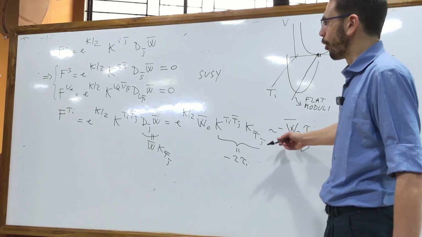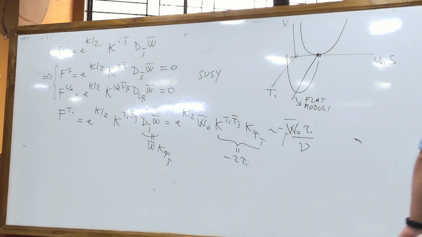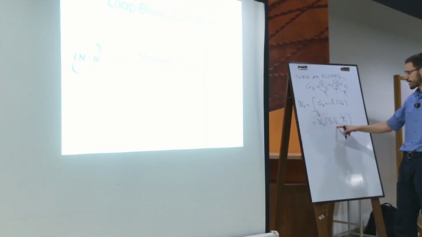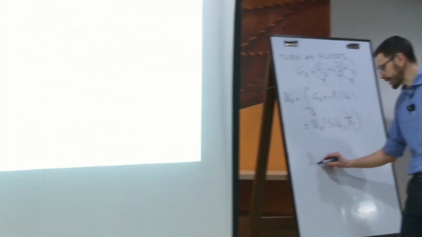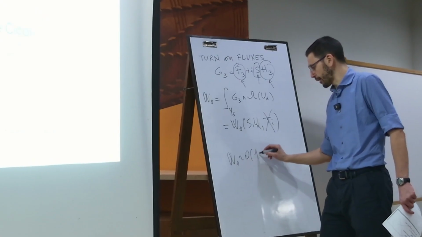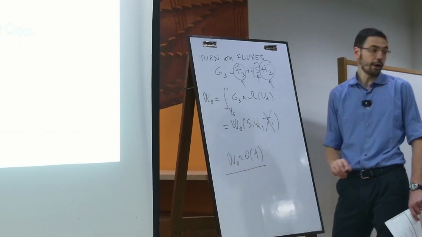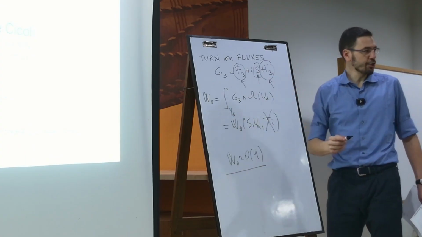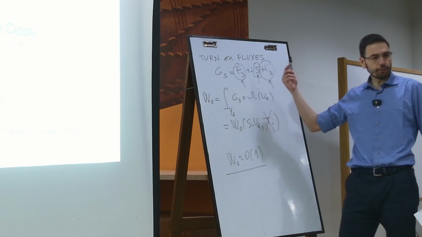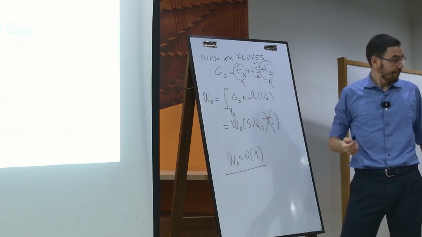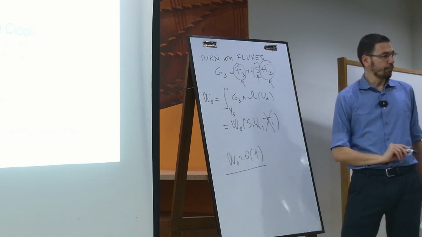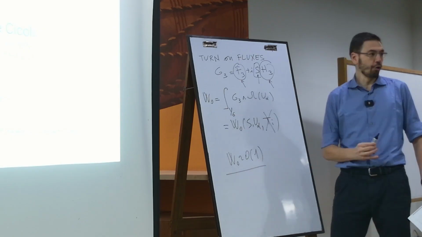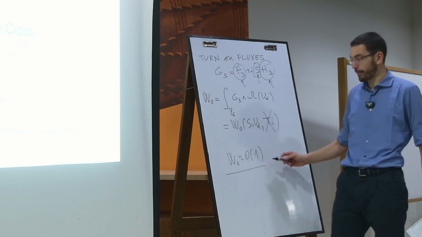But in general, W_0 depends on the choice of fluxes, but after you stabilize S and U, W_0 is expected to be, and people check that in general, statistically, something of order 1. This is the flux landscape that also Professor Sen was mentioning yesterday. There are different possibilities for the flux quanta, and each of them gives you a different value of W_0. But statistically, most of the vacua will have W_0 of order 1.